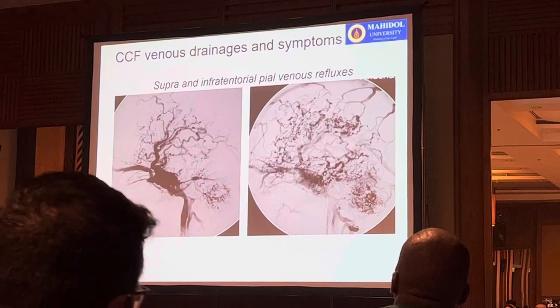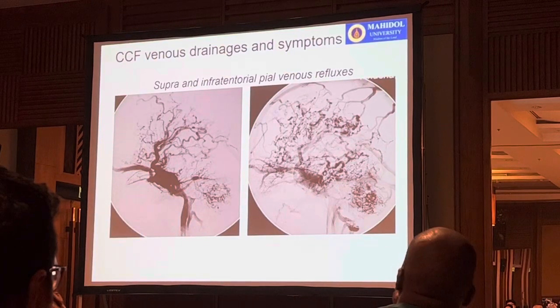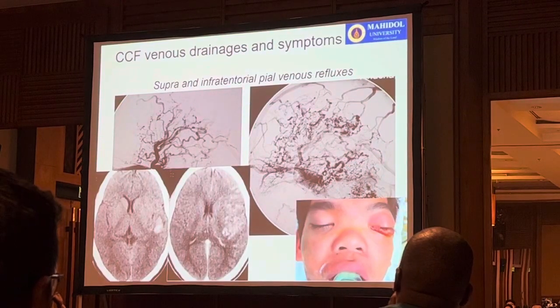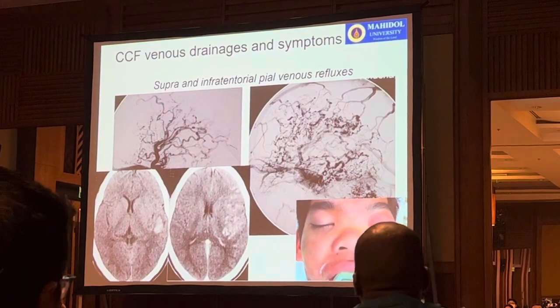And the higher drainage. Look at this ugly looking pial venous drainage, supra- and infratentorial. It can happen, and the symptoms can be worse. The patient has altered consciousness and starts to have bleeding over this venous congestion.